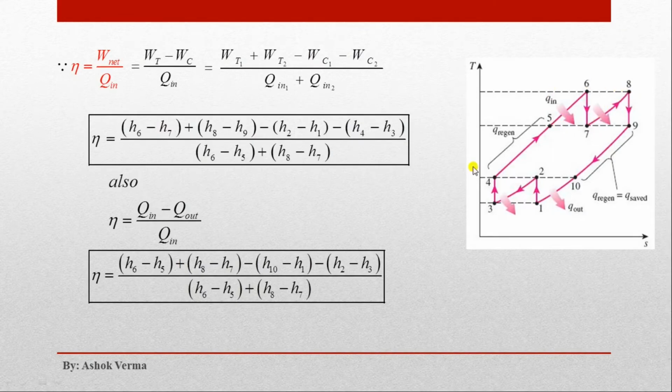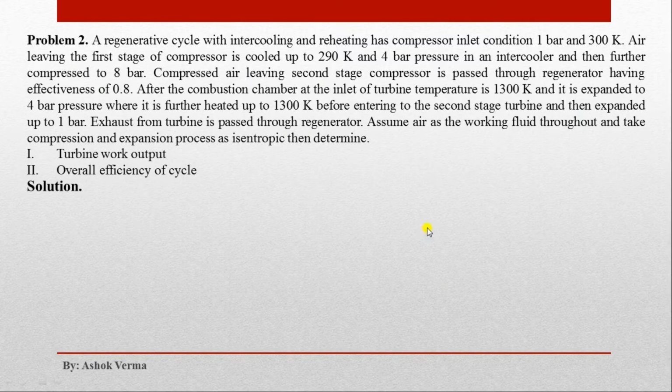So this will be the heat supply, and the work is H10 minus H1 minus H2 minus H3, upon the heat supply, this term. So you can calculate the efficiency with this one and this one also. So we will see the next problem.